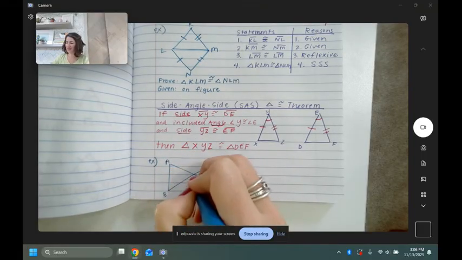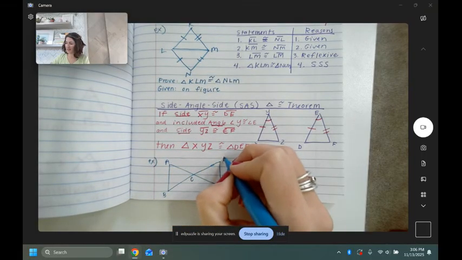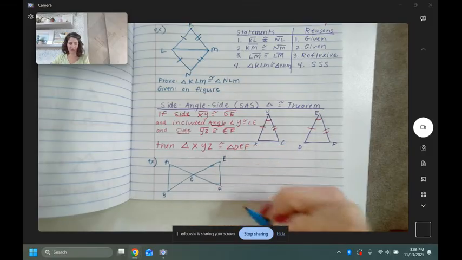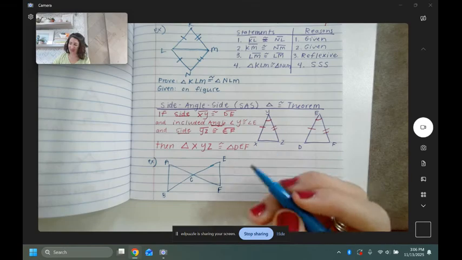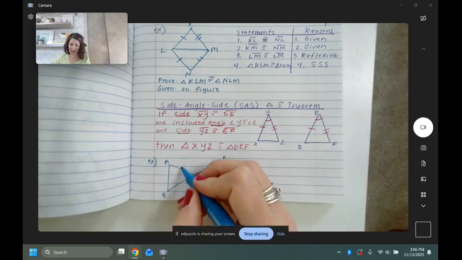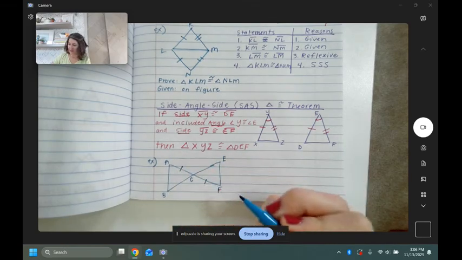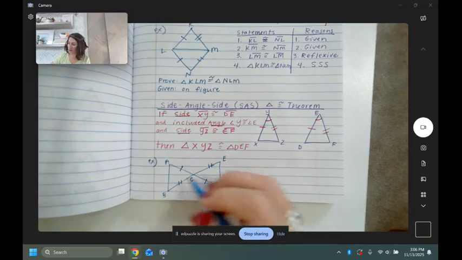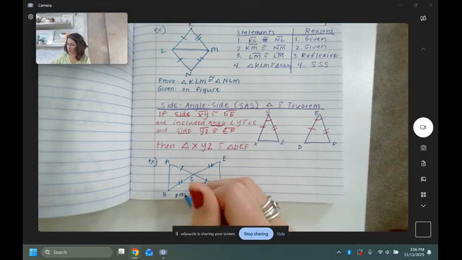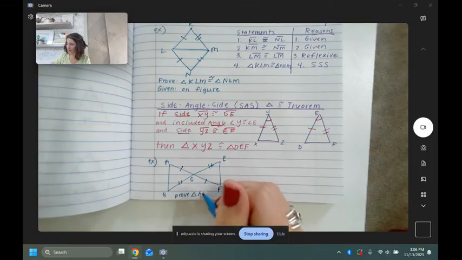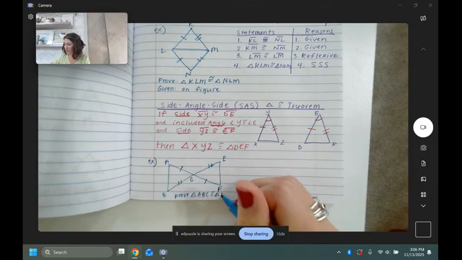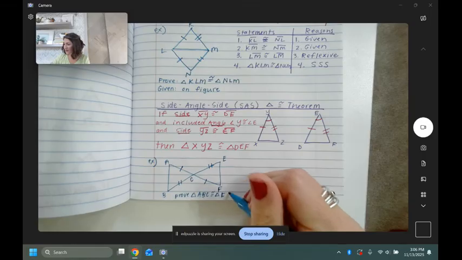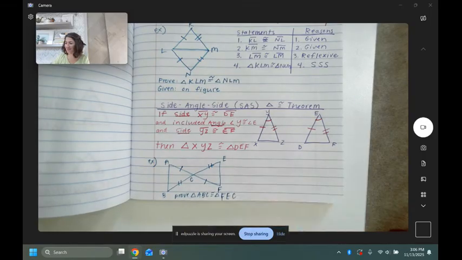A, B, C, E, F. And let's say these two are congruent, these two are congruent. Prove triangle ABC is congruent to triangle FEC.